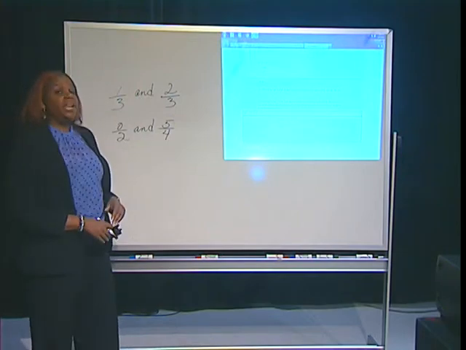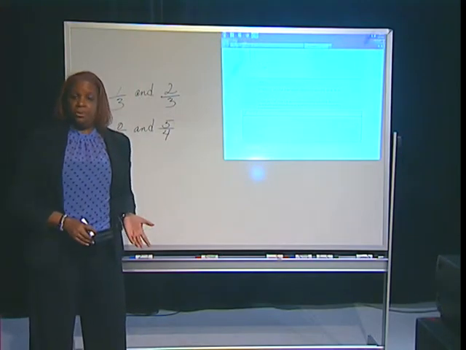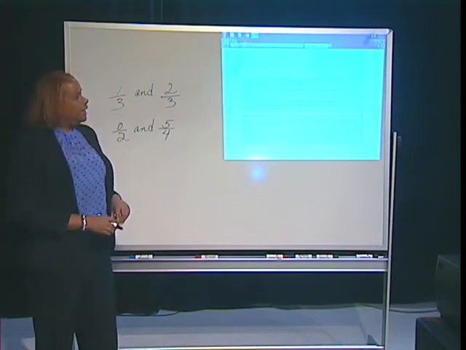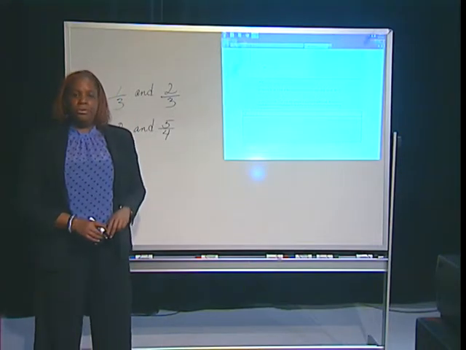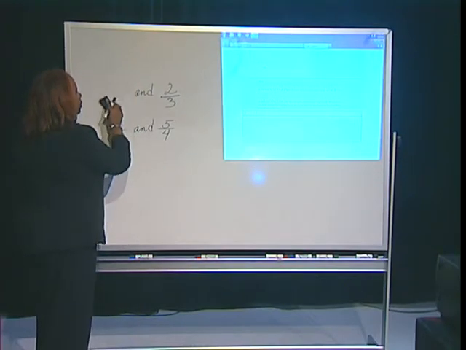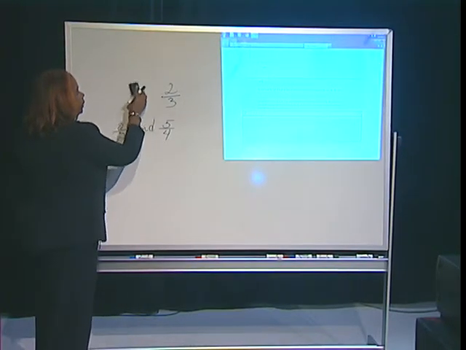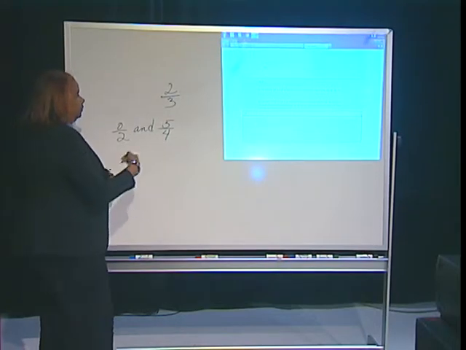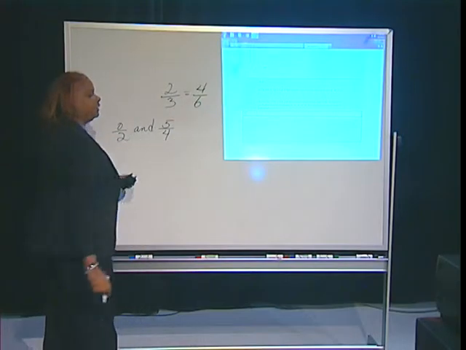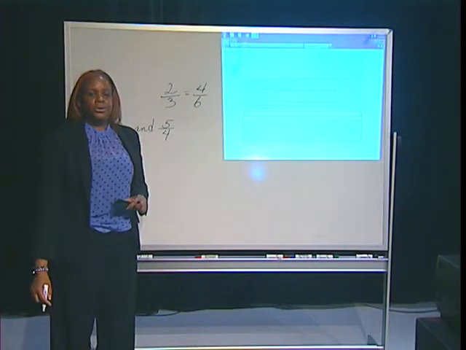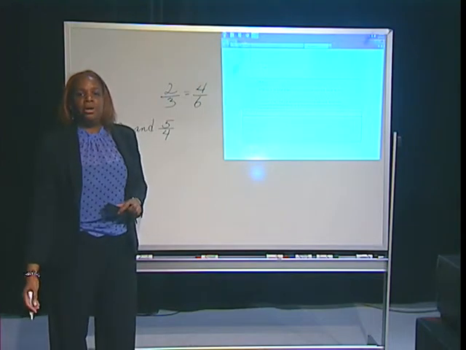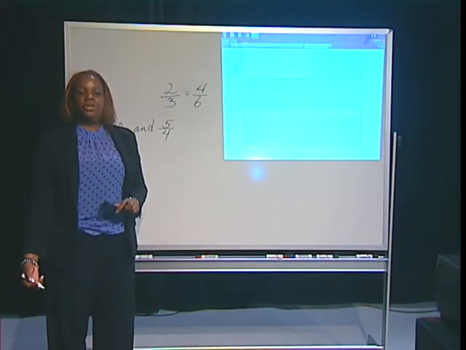I have decided, and there's many ways that you can do this as long as they are equivalent. Instead of 1 over 3, I will be changing 1 over 3 to 4, 6. I have 2/3 or 2 to 3, which is equivalent to 4 over 6 or 4 to 6.